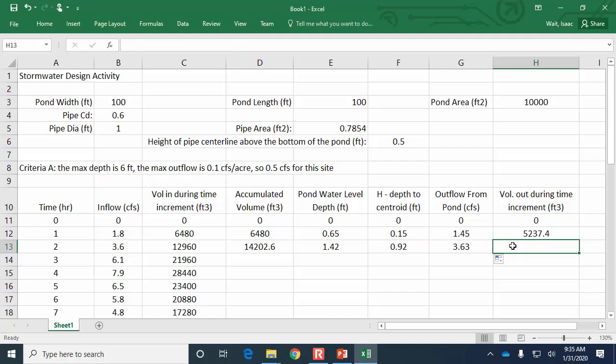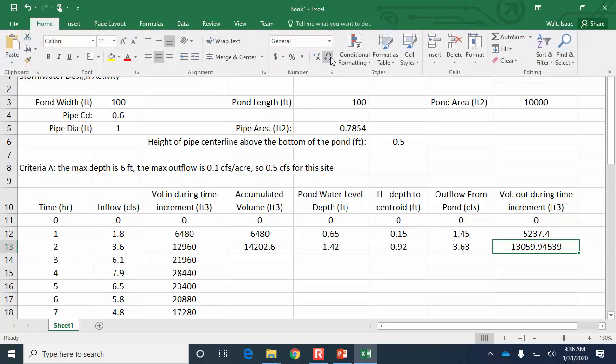All right, so then the volume out is going to be 3,600 seconds of this outflow rate.